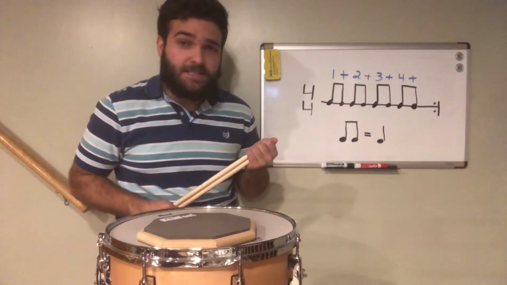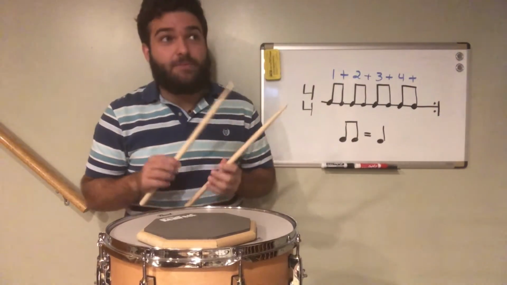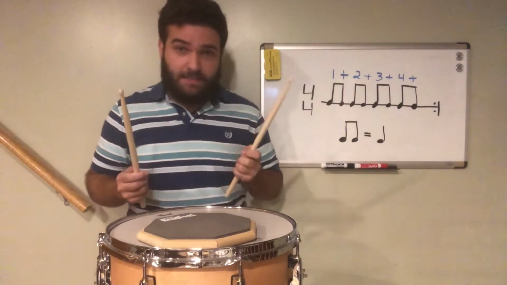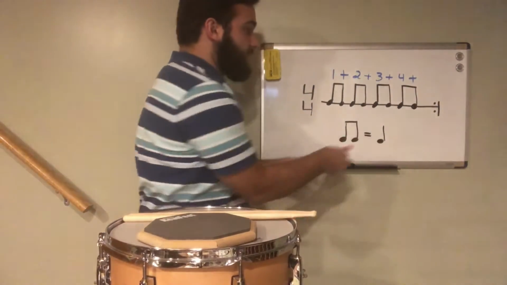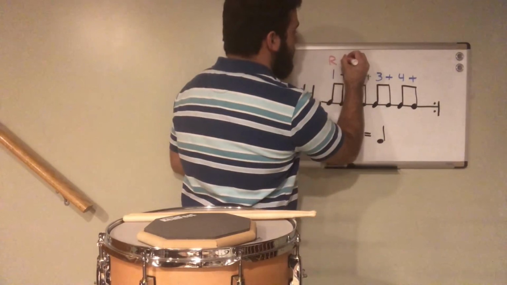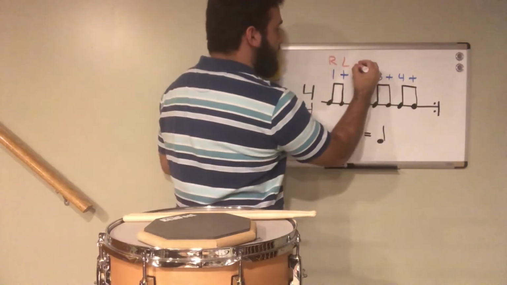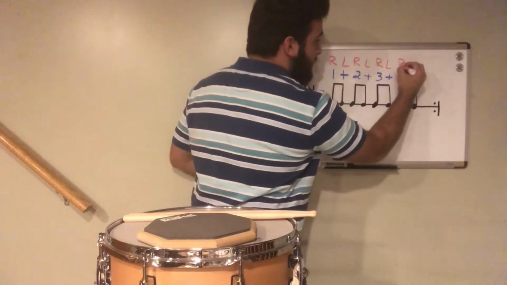Now notice with my sticking, I was still alternating my hands. So I was going back and forth from right to left, starting on the right. So if we were to write in these stickings using the red marker, we would go R, L, so right, left, right, left, right, left, right, left.